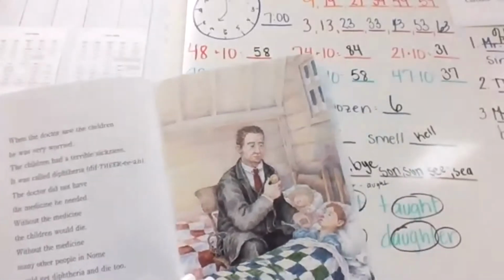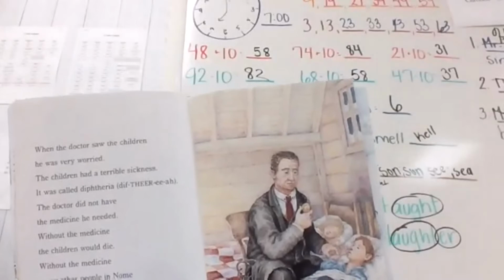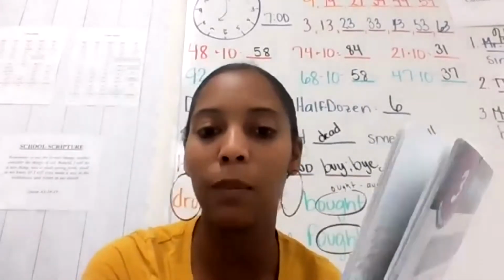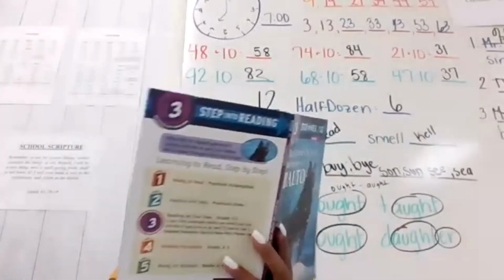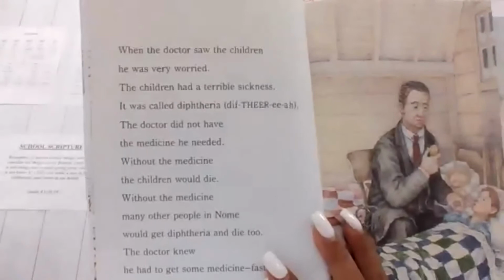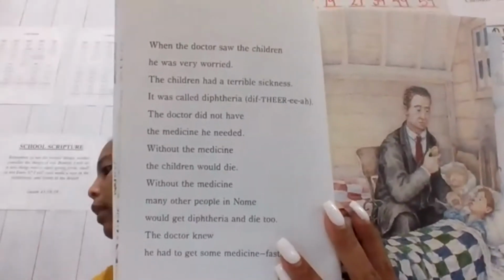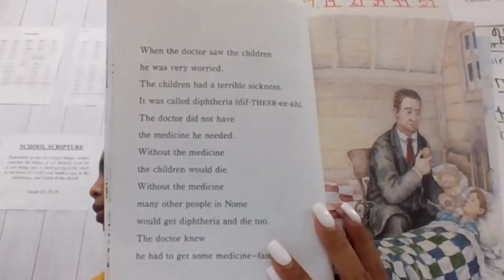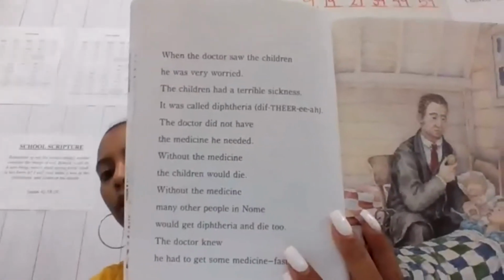Yeah, it's kind of hard to pronounce. Diphtheria. It's called diphtheria. That's what they had. Okay. Yes, it's a very bad sickness. The doctor did not have the name needed. Good. Okay. All right.